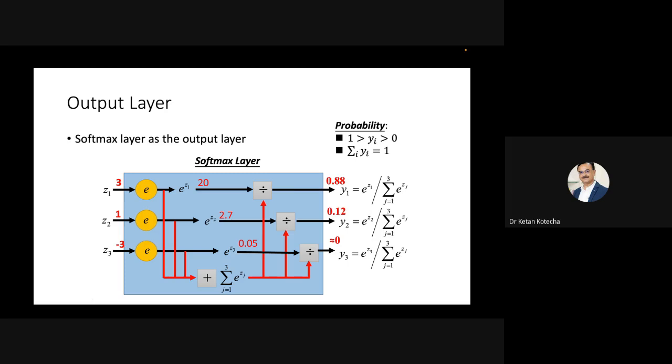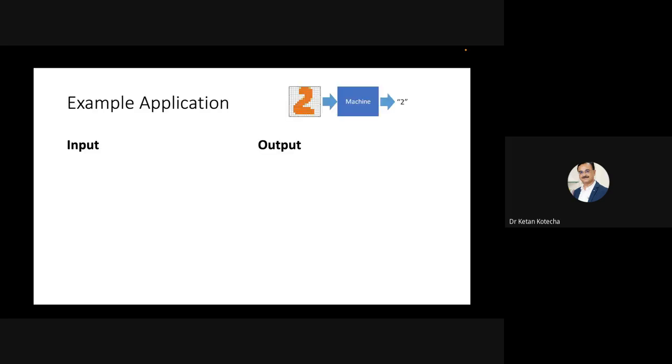So this is finally a probability. It will always add up to 1. That's an advantage of using the softmax layer, which gives you the probability at the output. Otherwise, you can also find out that 3 is the highest value, so that is the class. But there are a lot of advantages of converting into probability.